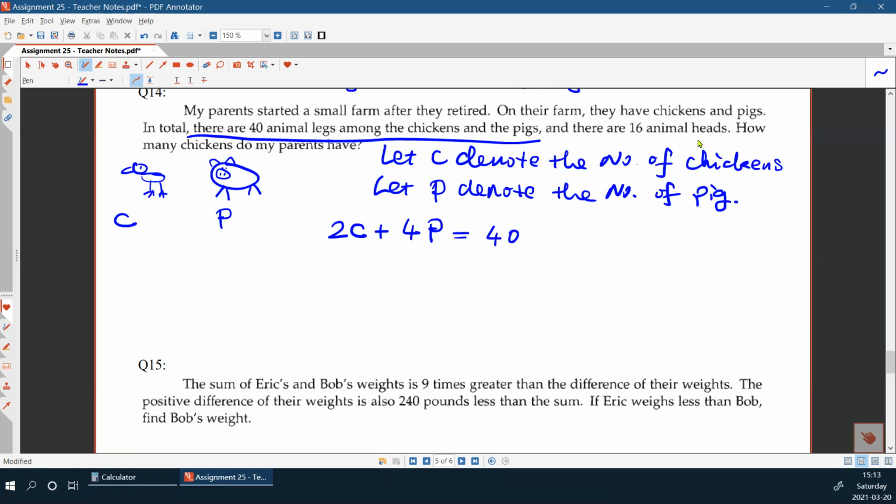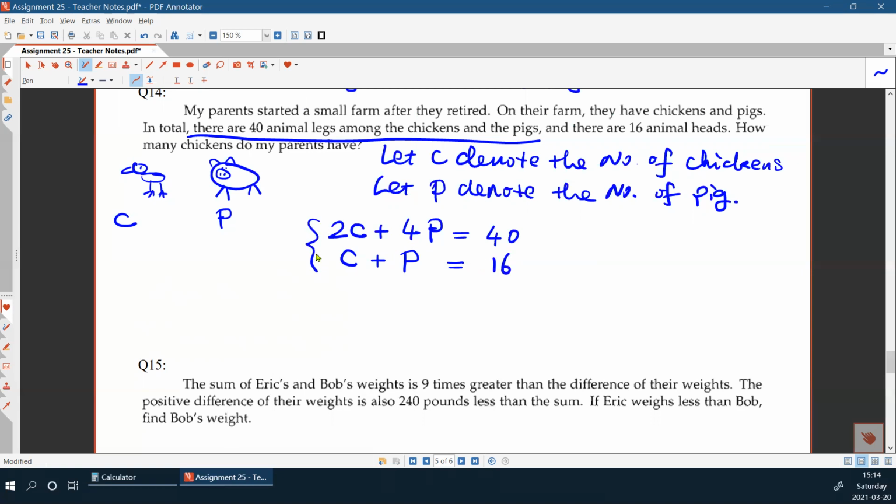So what else do we know? There are 16 animal heads, okay? For each chicken, there is 1 head, right? And for each pig, there is another head. So the total number of heads from chickens is C, and the total number of heads from pigs is P. And C plus P is the total number of heads, which is 16, right?